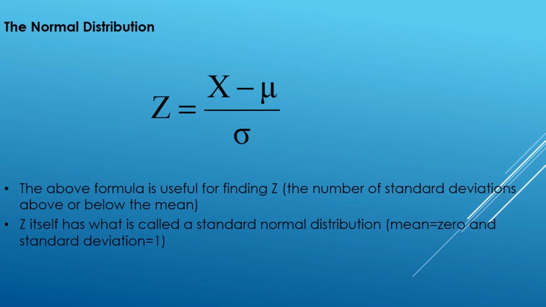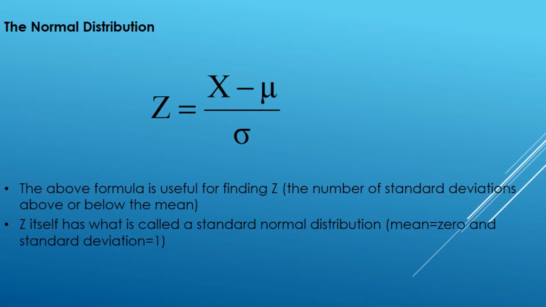There's a formula that we can use to figure out the z, or to figure out the x. We can transform the z, the sigma, and find the missing figure through an equation. Because if you're given the z, you can calculate the sigma, the x, or the mu. So depending on what you'll be required to calculate, you should be able to do it. The above formula is useful for finding z.